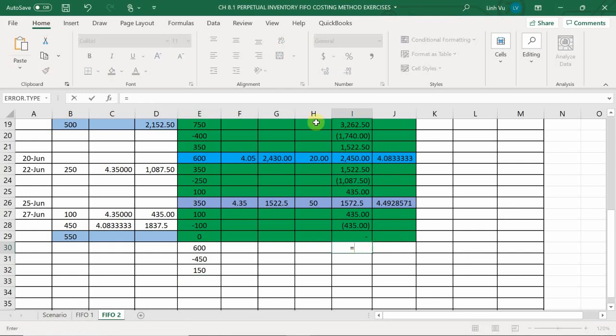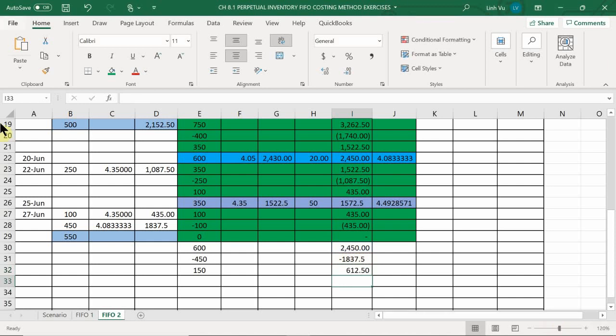If I started out with $2,450 and I sold $1,837.50, how much should I have left? $612.50. And this is the blue batch of inventory.